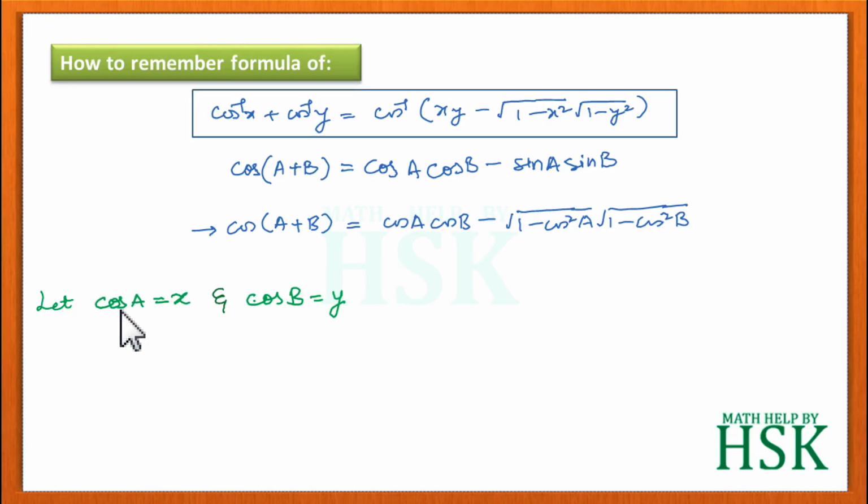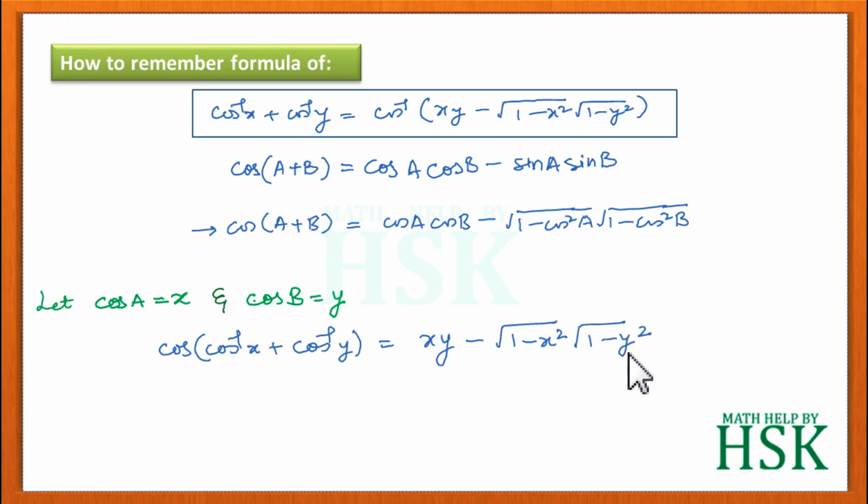Now further you can assume that cos a is equal to x and cos b is equal to y. So I am going to get here xy, minus square root of 1 minus x square, into square root of 1 minus y square, and here for a and b I can write cos inverse of x and cos inverse of y.